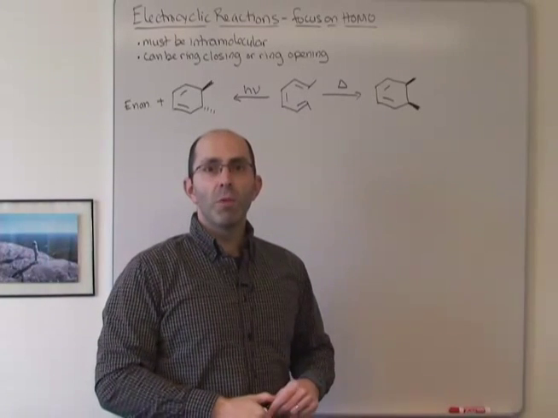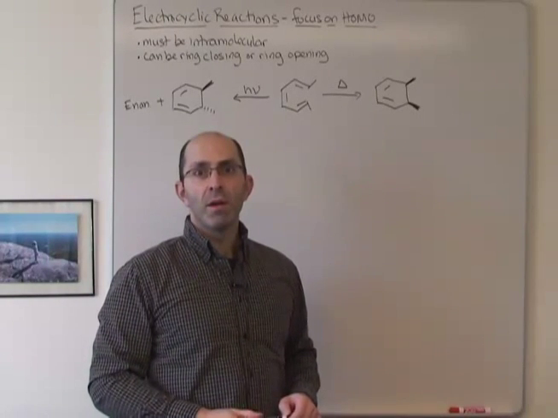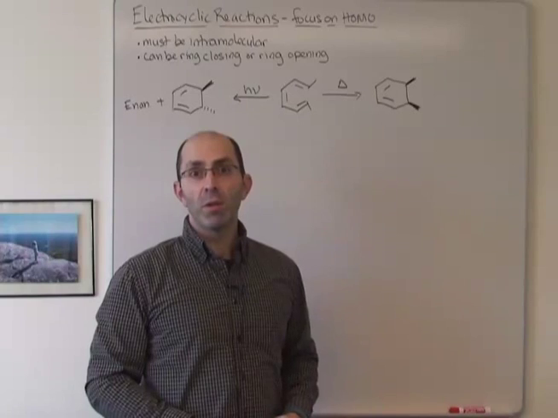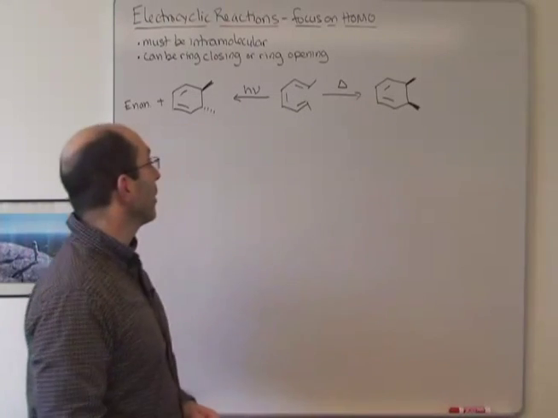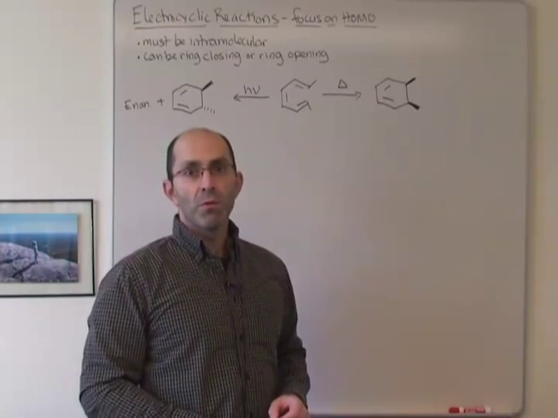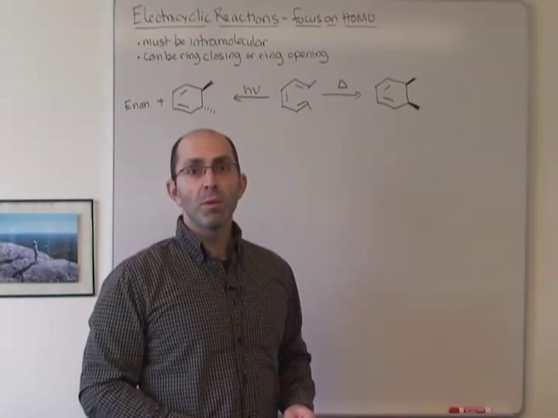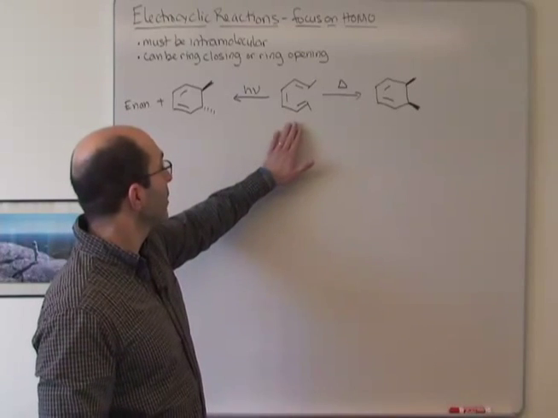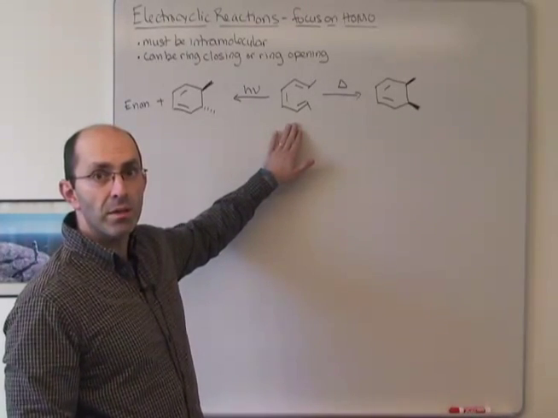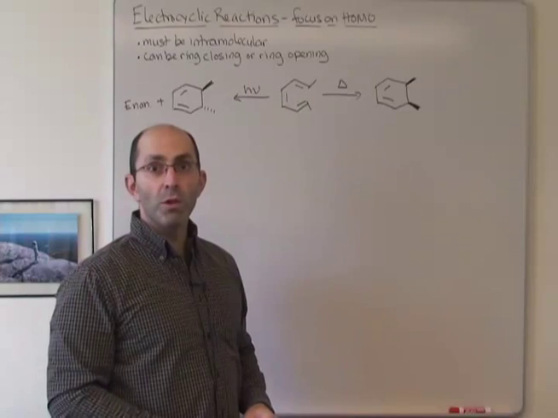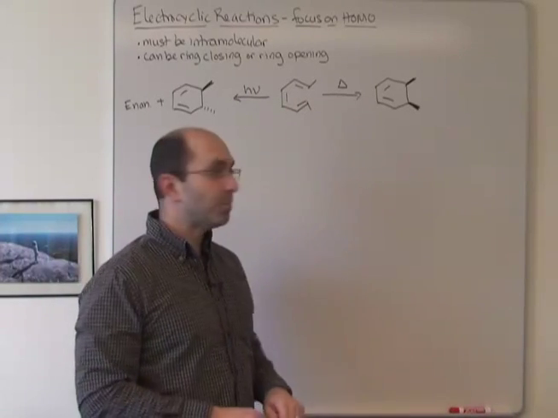And like we said in class, the way that we can understand what's happening in these reactions is to look at the molecular orbitals. And that's what we're going to have to do. So the first thing for us to do is to generate a molecular orbital picture for a 6 p orbital system. We're going to look at this molecule, the reactant, and see if we can figure out what the molecular orbital picture will look like.